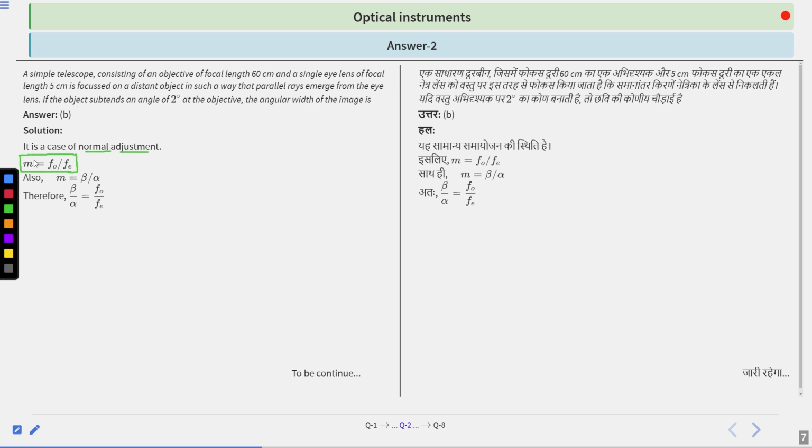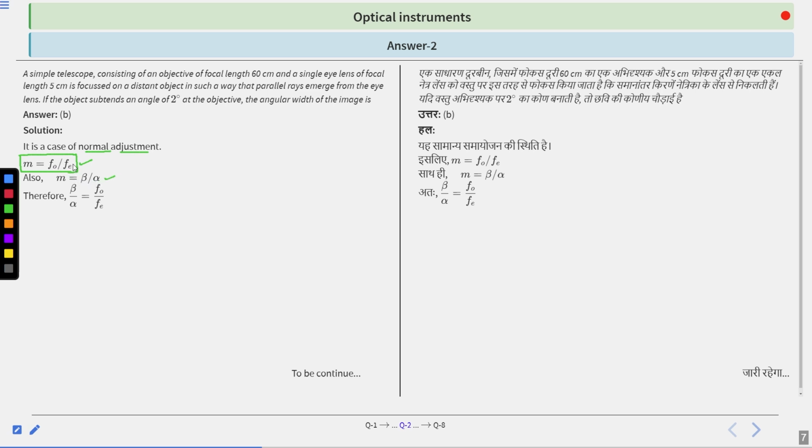M is known as magnification, FO is the focal length of the objective lens, and FE is the focal length of the eye lens. The second formula to calculate the magnification is M equal to beta divided by alpha. Both are formulas to calculate the magnification.